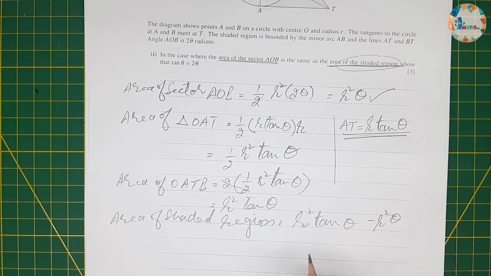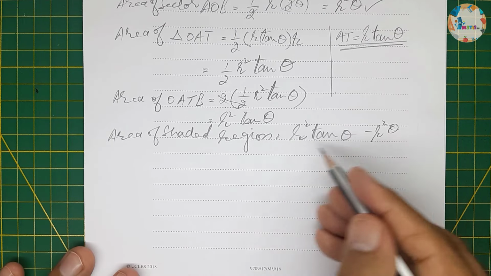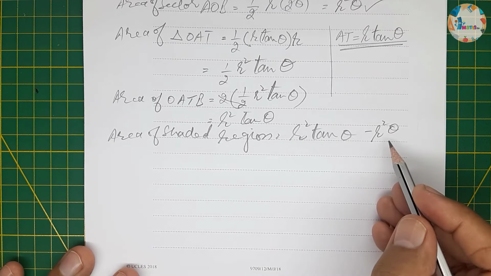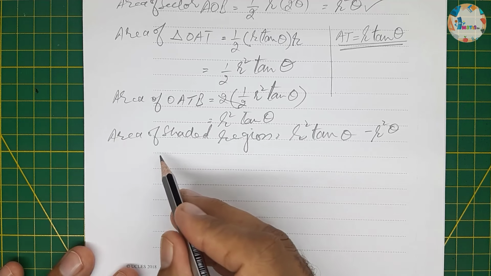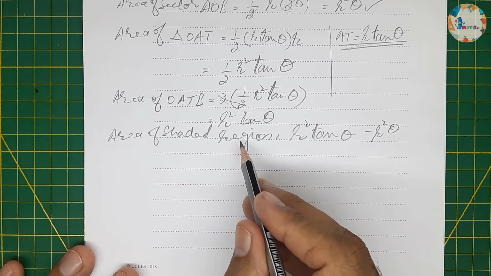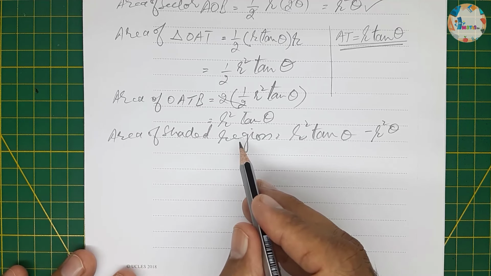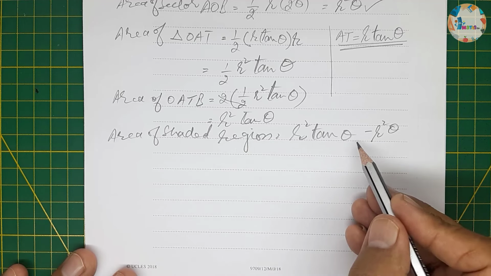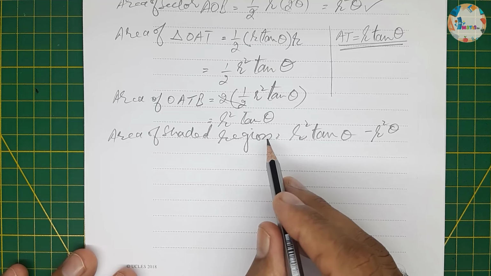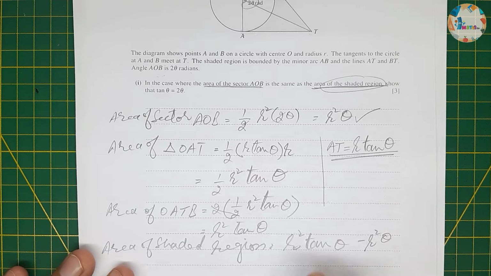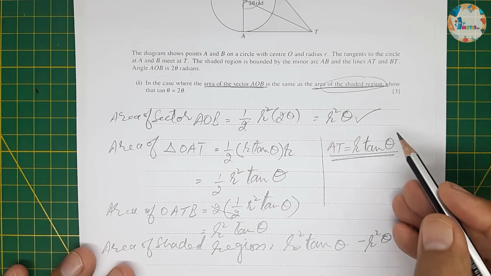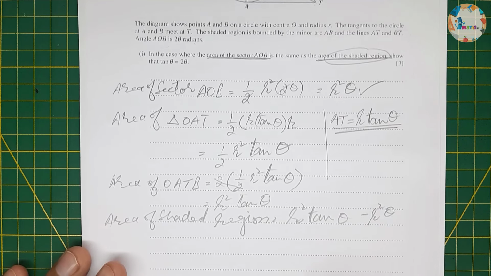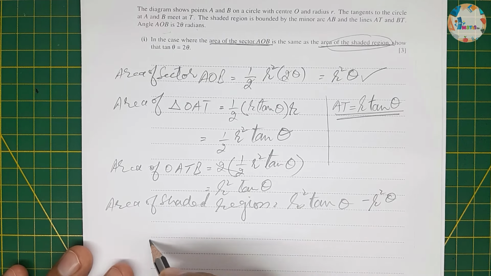So r² θ. Basically these two are equal: the area of the shaded region is equal to the area of the sector, and the area of the sector is r² θ.